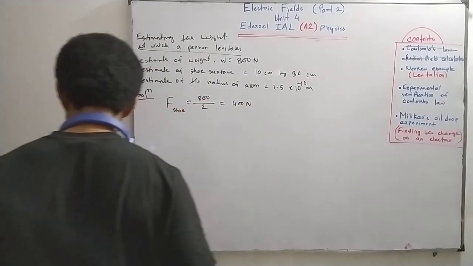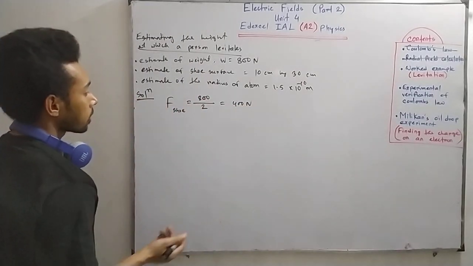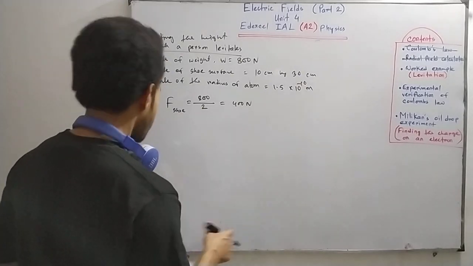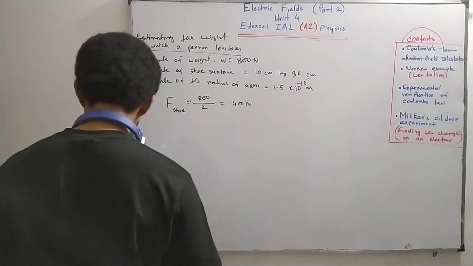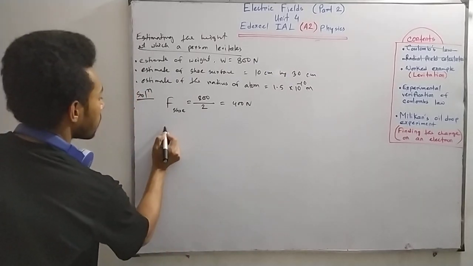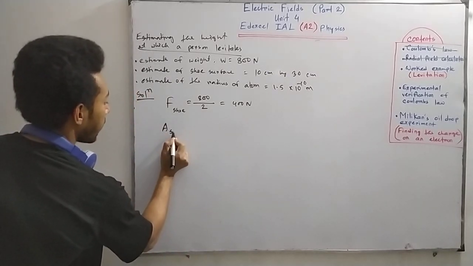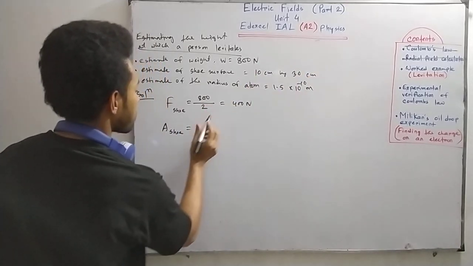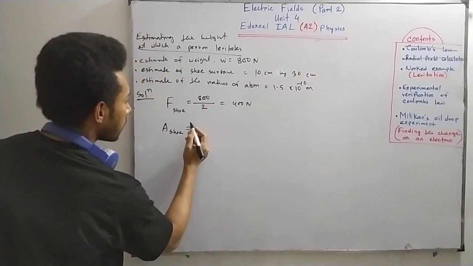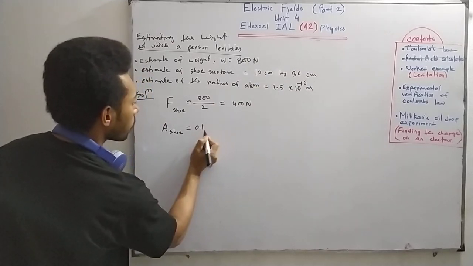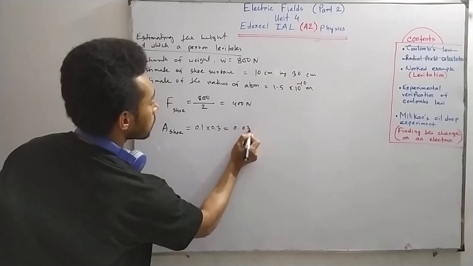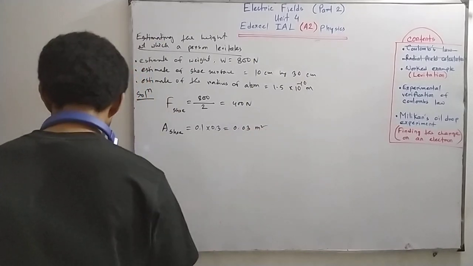Now let's find out the area of the shoe. The area of the shoe in contact will be 10 centimeter by 30 centimeter. Converting them into meter, 0.1 into 0.3, and this will be 0.03 meter square.